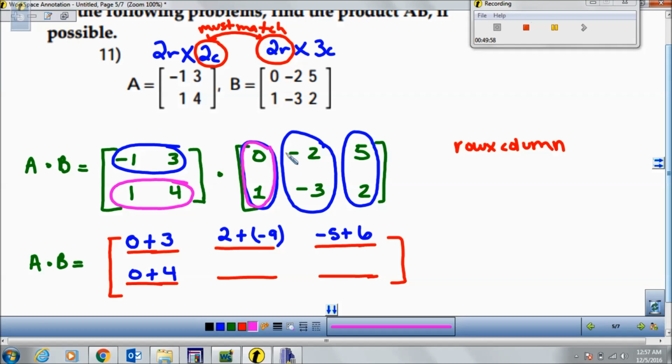Then second row times second column. 1 times negative 2 plus 4 times negative 3, negative 12. Then second row times third column. 1 times 5, 5, plus 4 times 2, 8.